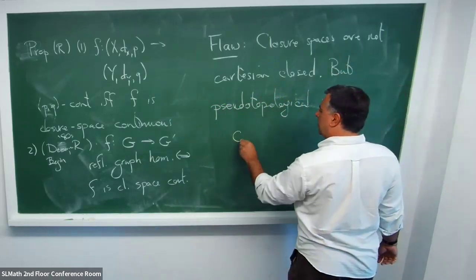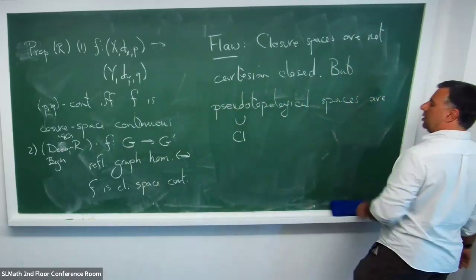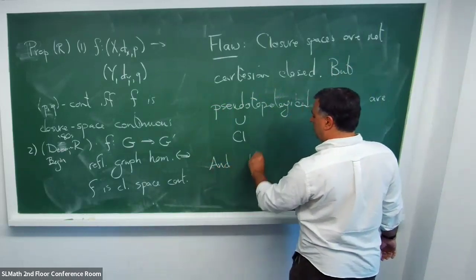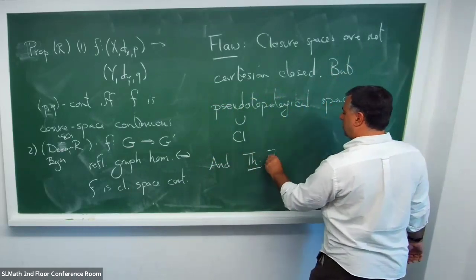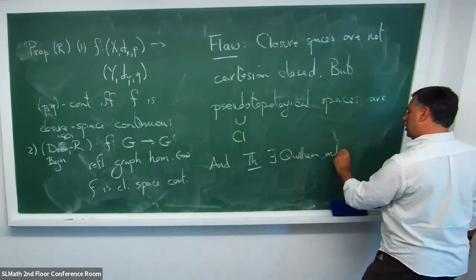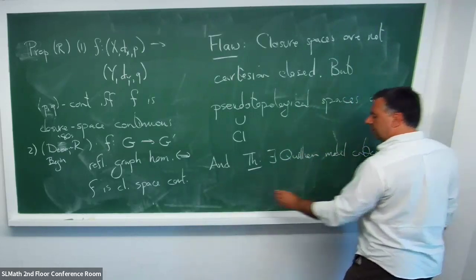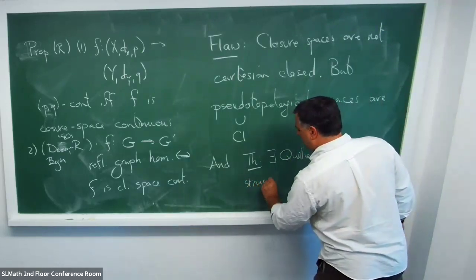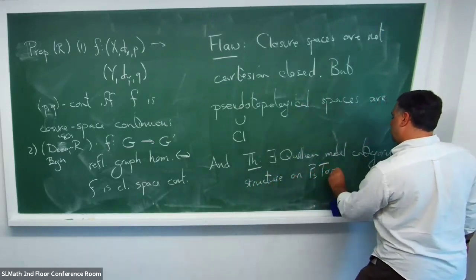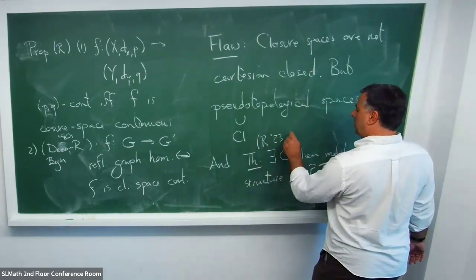Which contain closure spaces as a full subcategory R. And here we have a theorem: there exists an equivalent monocategory structure.